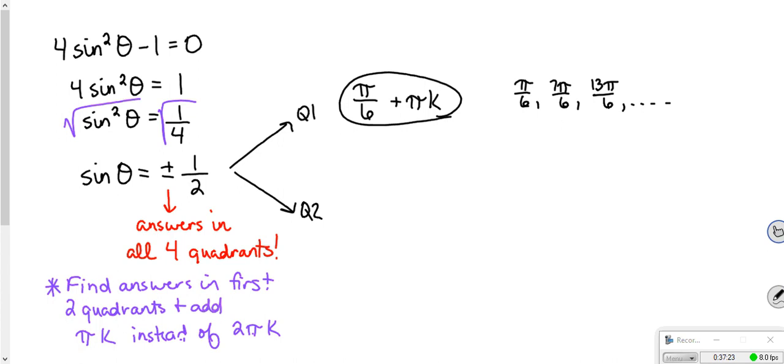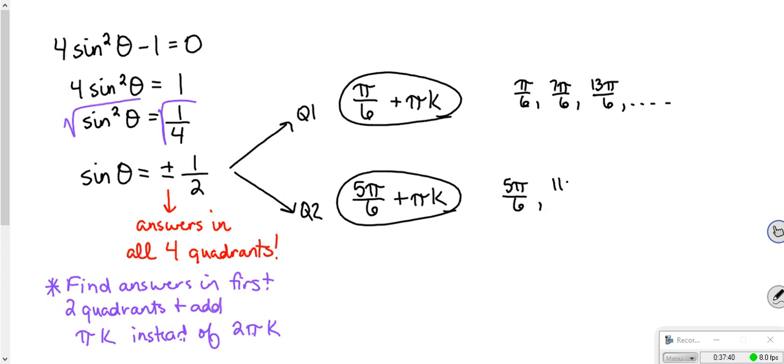And then in quadrant 2, the answer is 5 pi over 6 plus pi k. That's my other answer. And that would give me cyclically 5 pi over 6, 11 pi over 6, 17 pi over 6, and so on and so forth.